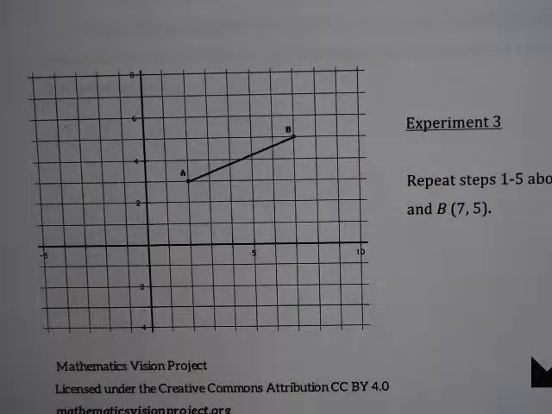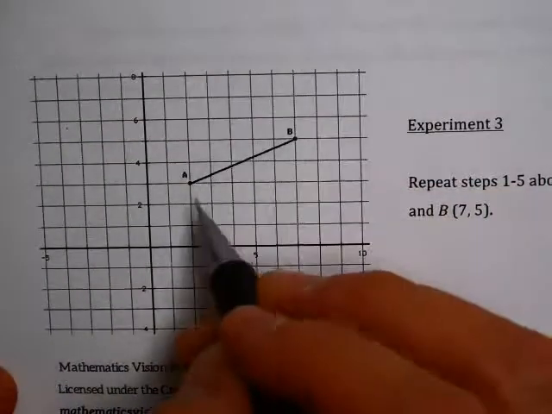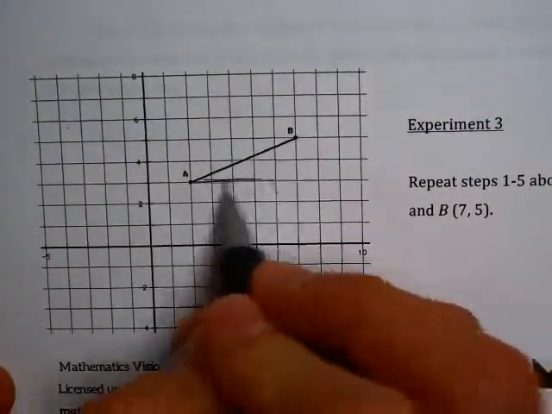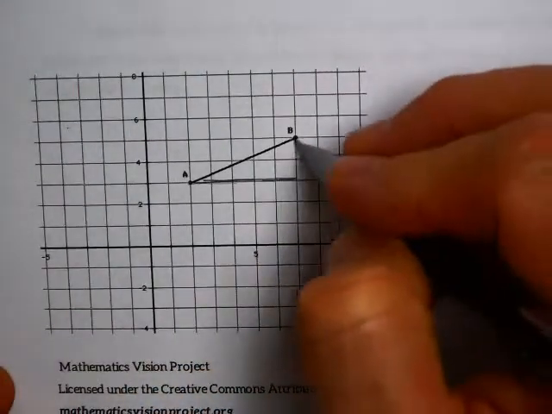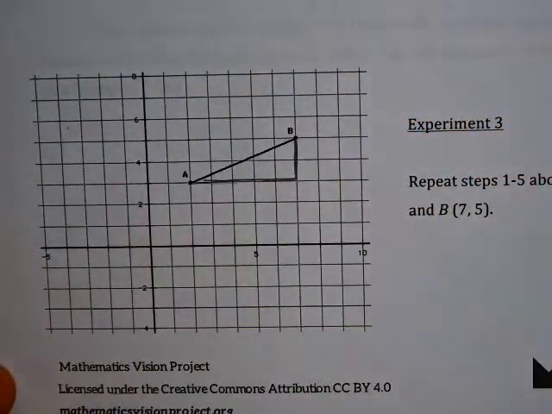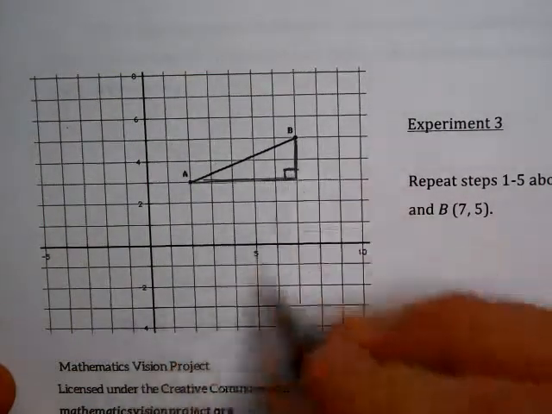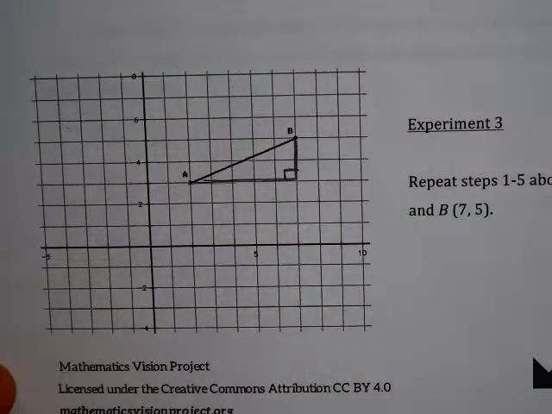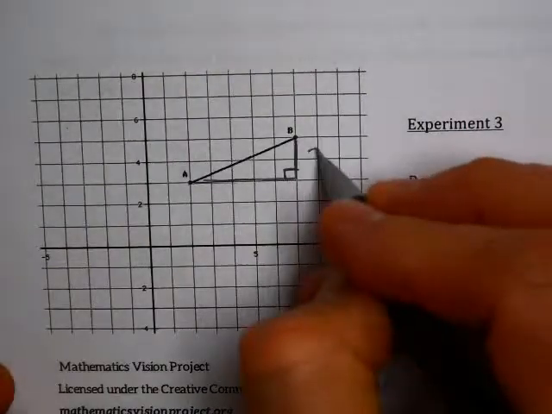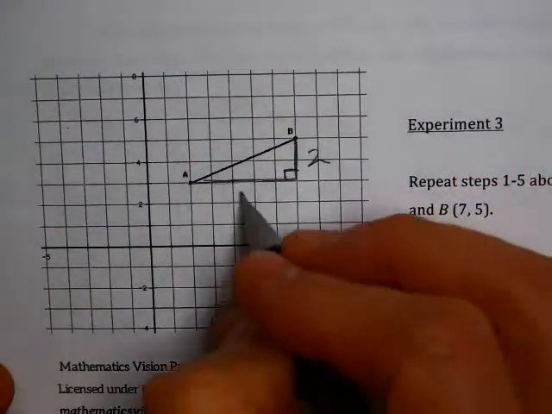But if it's diagonal, our distance is probably going to be a little weird. So let's make the triangle. You can make it on top or on the bottom. It doesn't matter. I'm going to make mine on the bottom. We've got a right triangle here, and this is 2, this is 5.